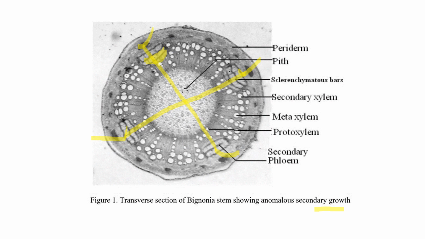So the secondary phloem with transverse bands of bast fibers gets penetrated within the mass of xylem in the form of phloem pockets. So these are the phloem pockets. The presence of phloem pockets is a characteristic feature of Bignonia.